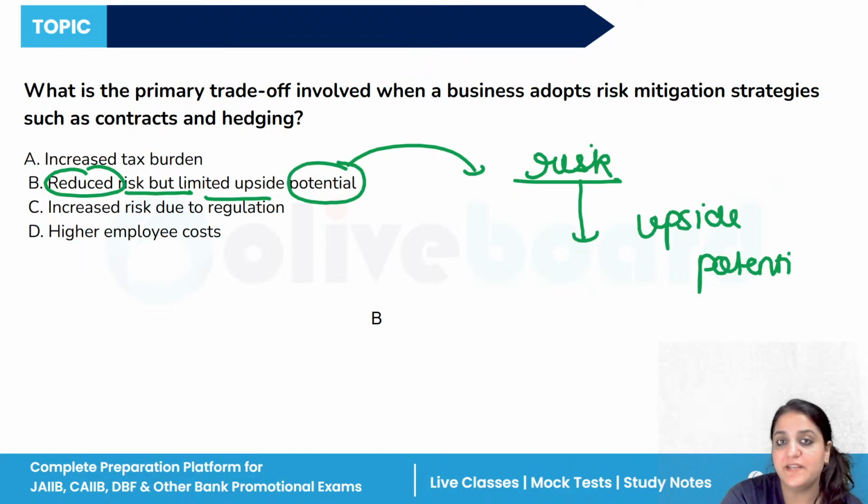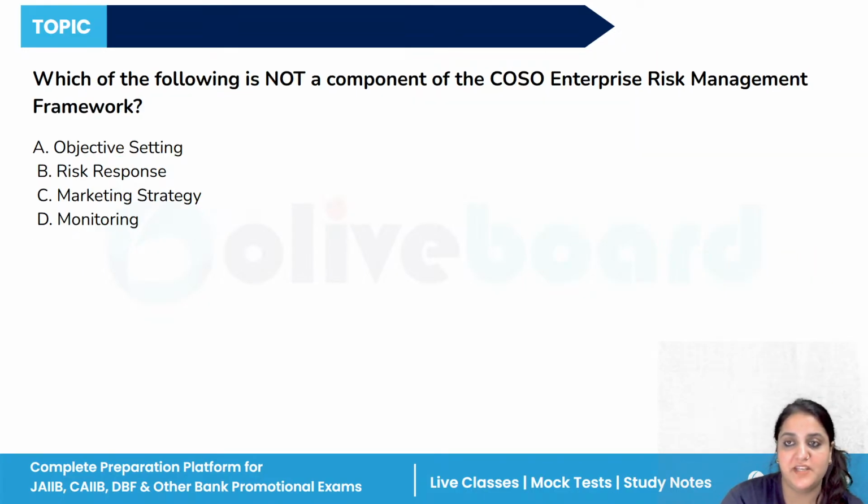That is the primary trade-off involved when a business adopts any risk mitigation strategy.